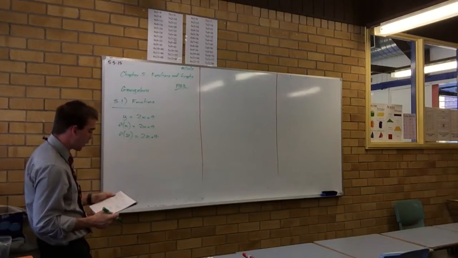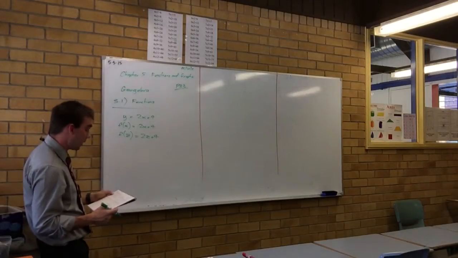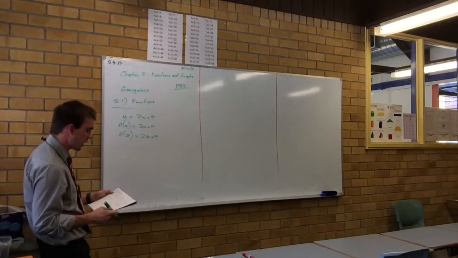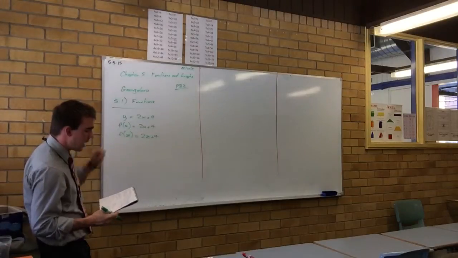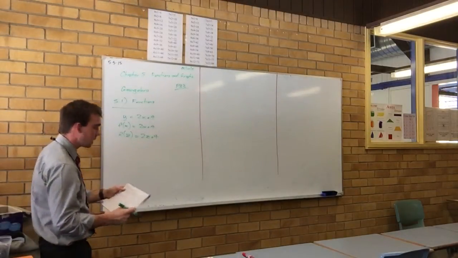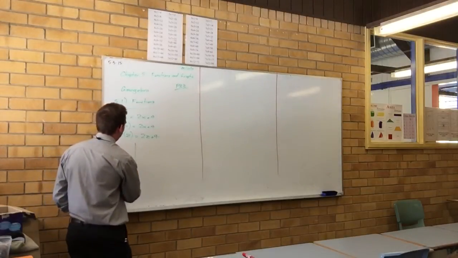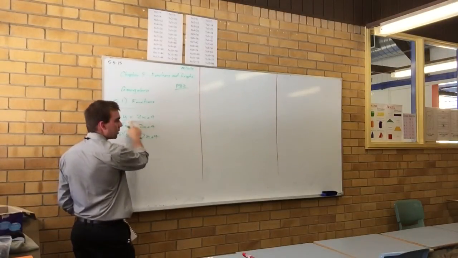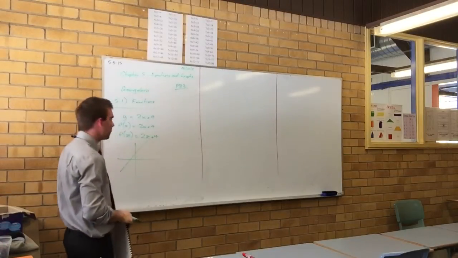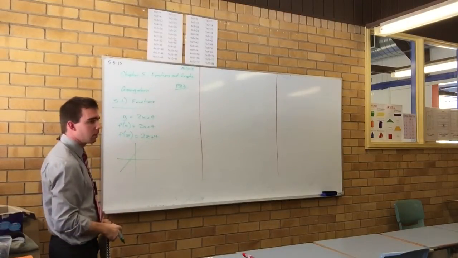So in other words, we are used to equations in the form y equals 2x plus 5. Using function notation, the equation becomes f of x equals 2x plus 5. When I graph this, we should hopefully all know it's a straight line with a positive gradient and a positive y-intercept.